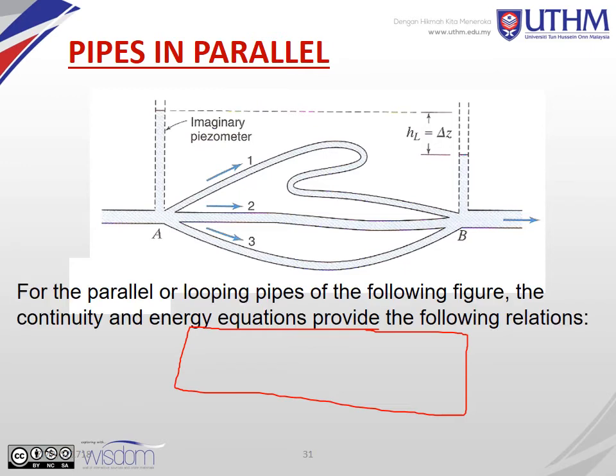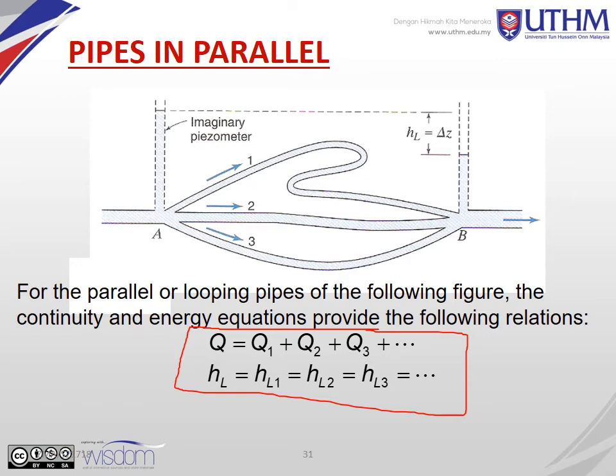So for the parallel or looping pipes of the following figure, the continuity and the energy equation provide the following relation. So this is used for pipes in parallel. Q is equal to Q1 plus Q2 plus Q3 and so on. HL is equal to HL1 is equal to HL2 is equal to HL3.